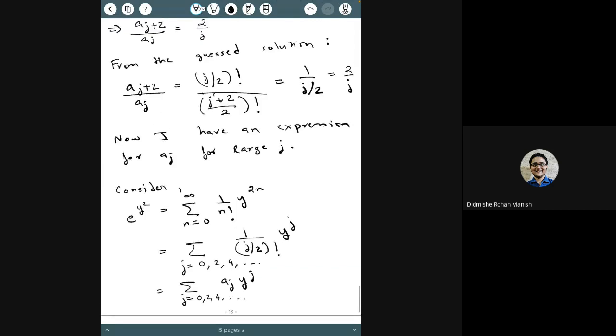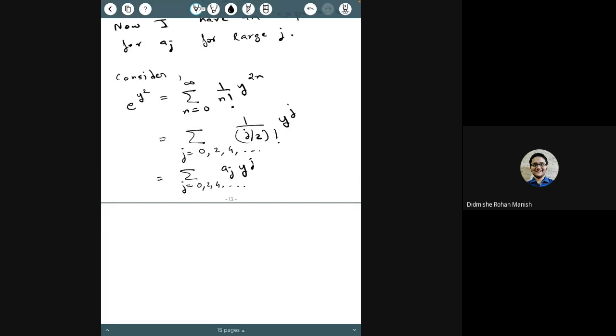So if this y is my xi, then my h(xi) has the form e to the power xi squared for large j.